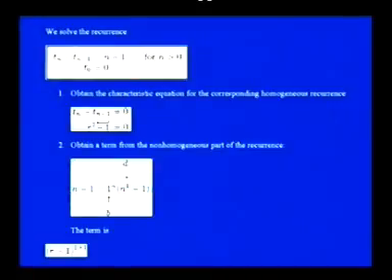Let us take an example like this: T n minus T n minus 1 equal to n minus 1 for n is greater than 0 and the initial condition T0 equal to 0. So, we have to solve like this only.